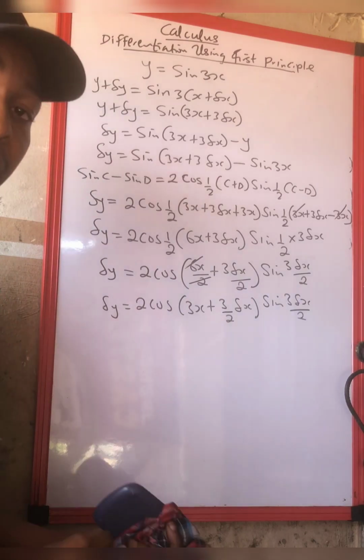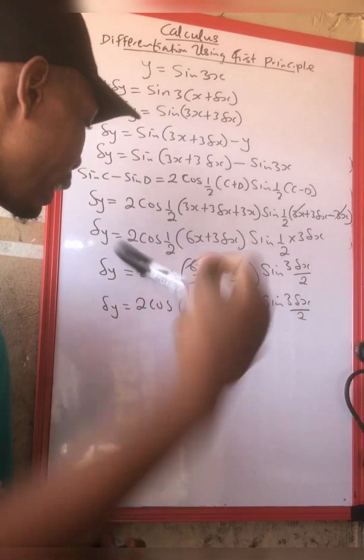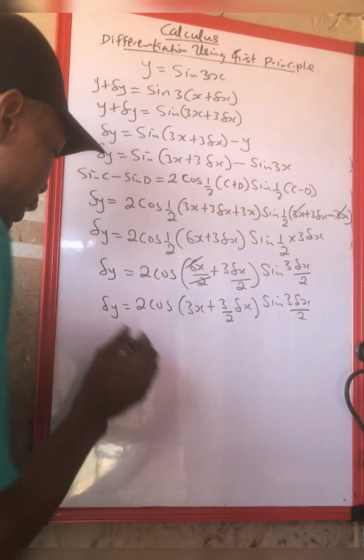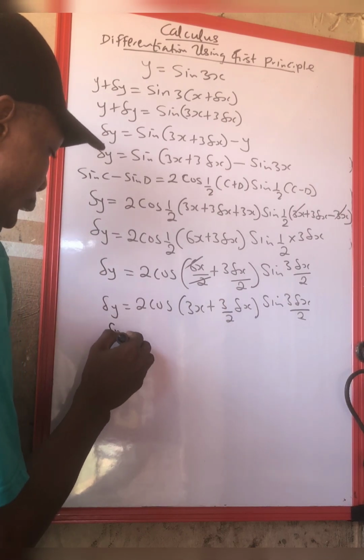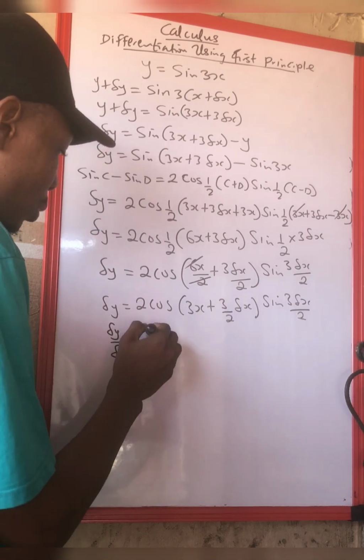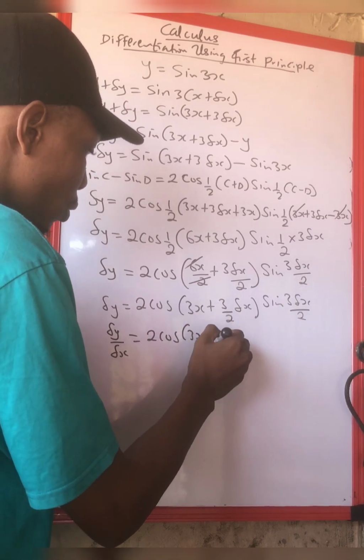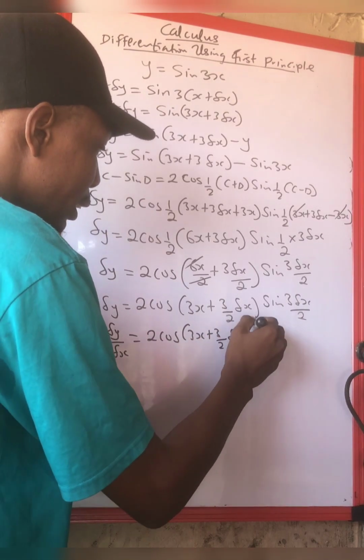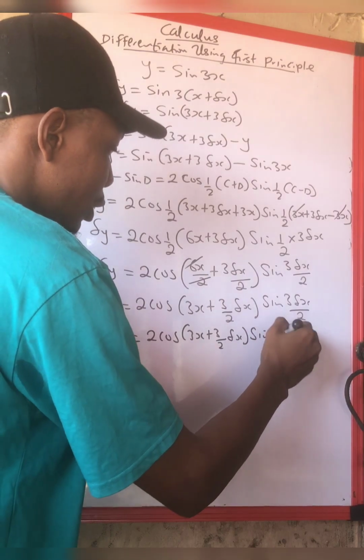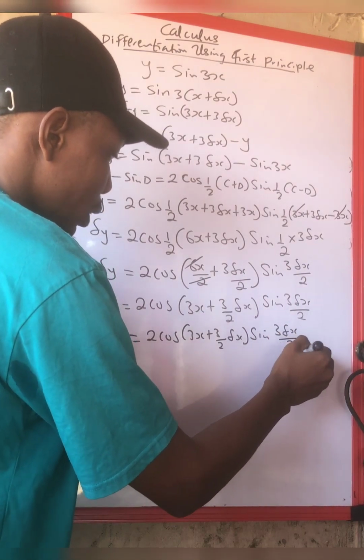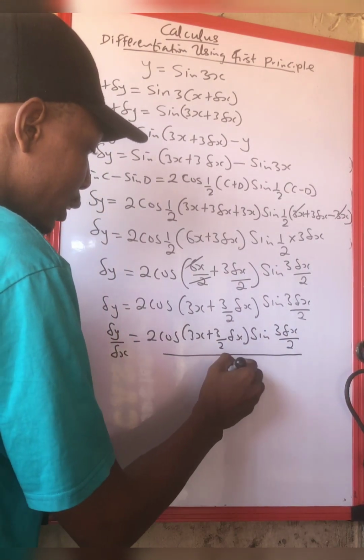Now after that, the next step, you divide through by what? By change in x. Dividing through by change in x, it becomes change in y over change in x equals 2 cos(3x plus 3/2 change in x), then sin(3 change in x over 2), all over change in x.